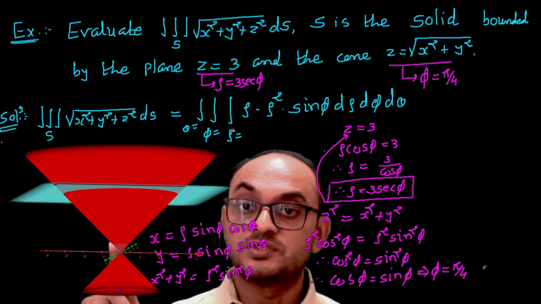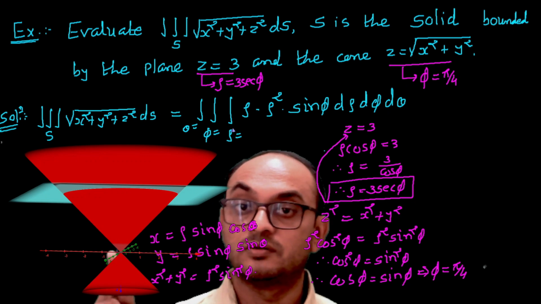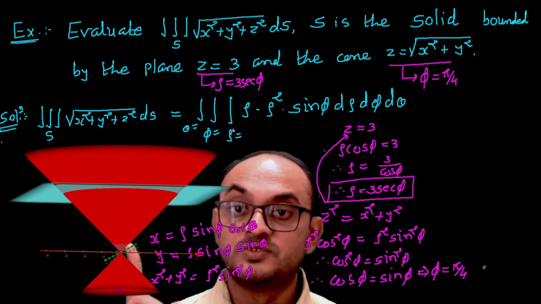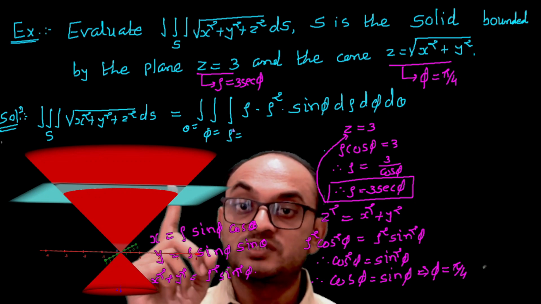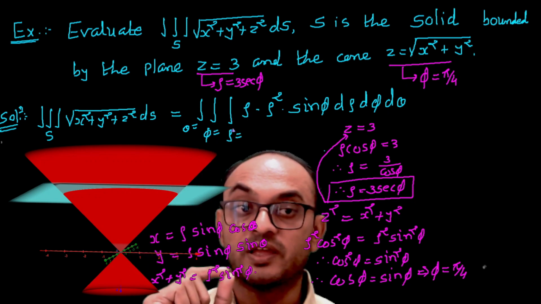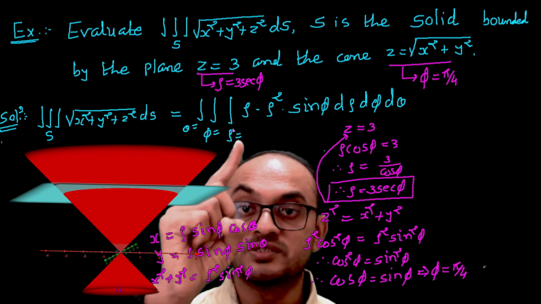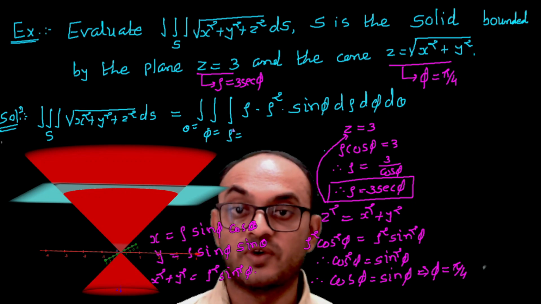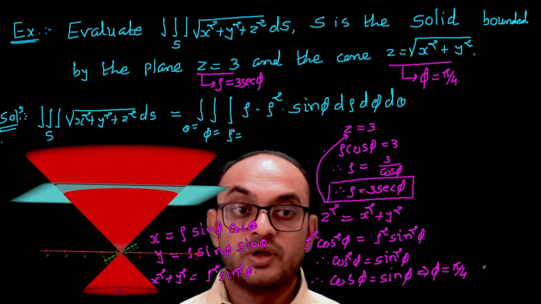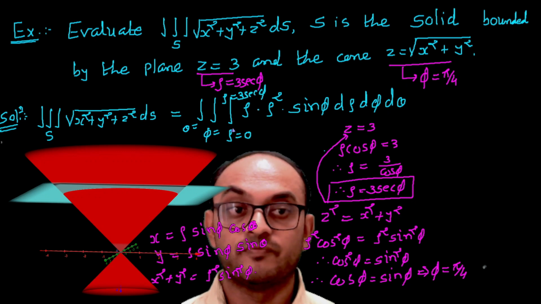So rho starts from 0 and goes to this plane. So what is the equation of the plane? Rho is equal to 3 sec phi. So let me mention first, rho is equal to 0 to rho is equal to 3 times sec phi.